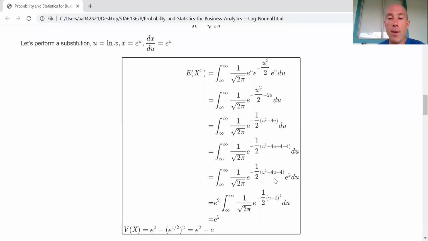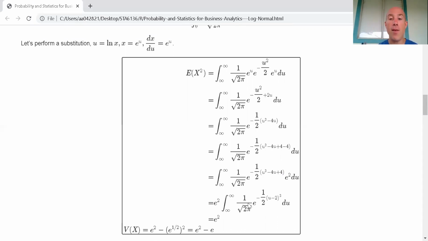Now that gives me all of this, and then e to the 2. I factor out the constant to get the e to the 2 here. Now this is a square. Same trick as before.